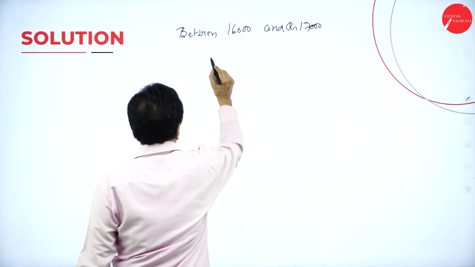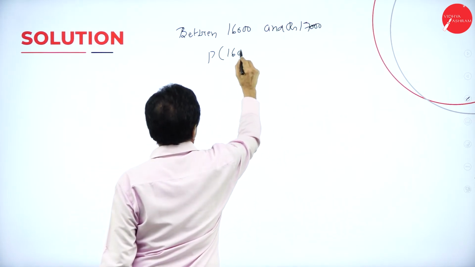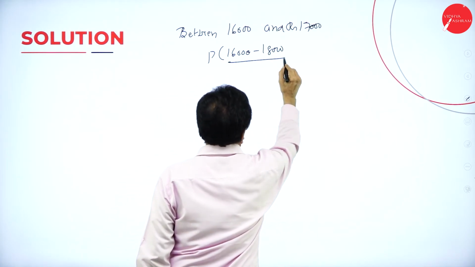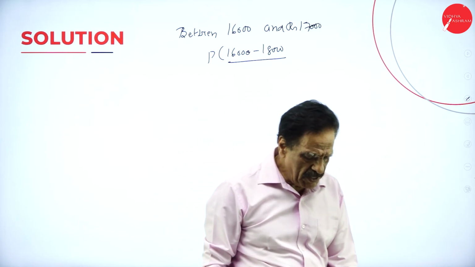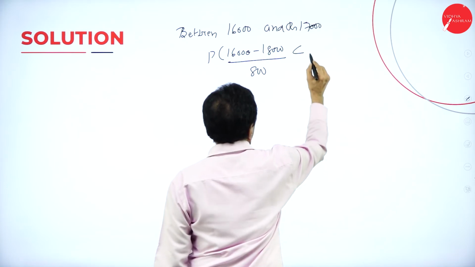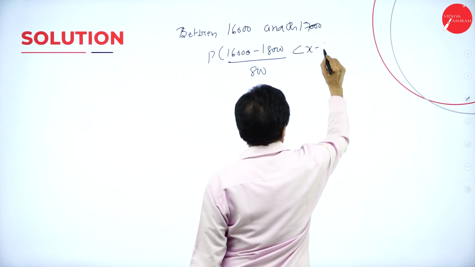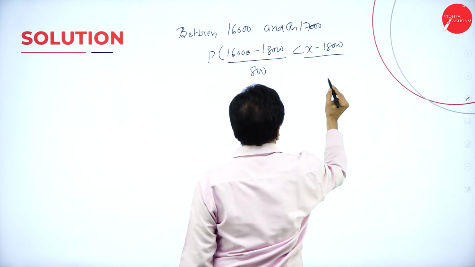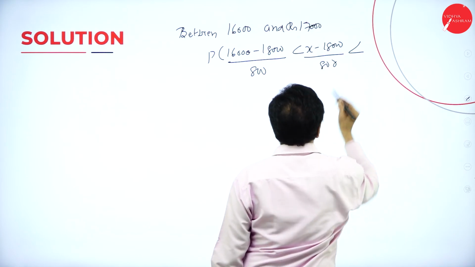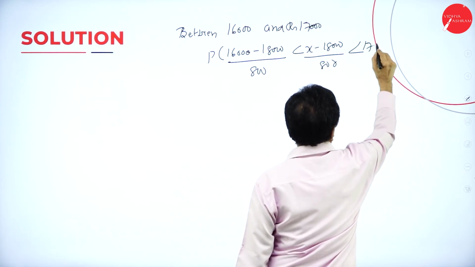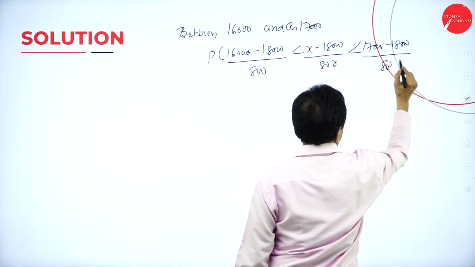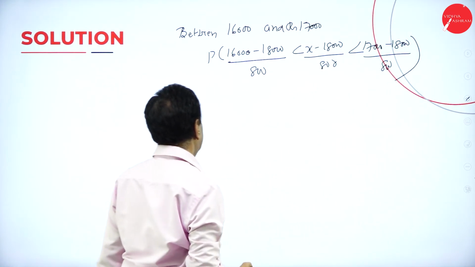So P of 16,000 minus 18,000 divided by the standard deviation 800, less than X minus 18,000 divided by 800, less than 17,000 minus 18,000 divided by 800.